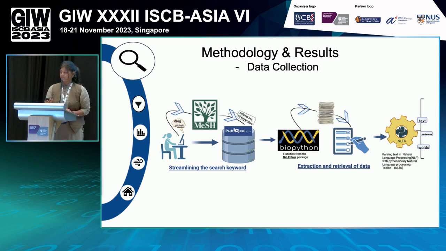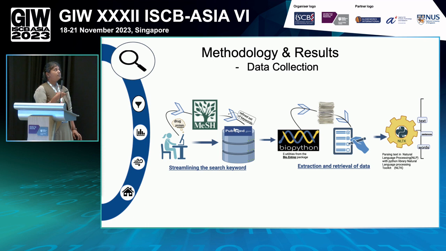Then, after the extraction of data through these BioPython packages and the mining pipeline we developed, we moved on to parsing that data using the Natural Language Toolkit. It is a freely available package.